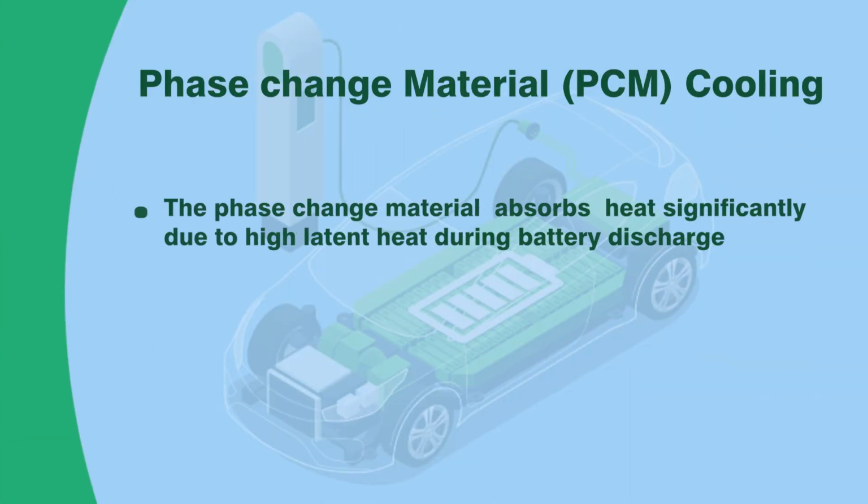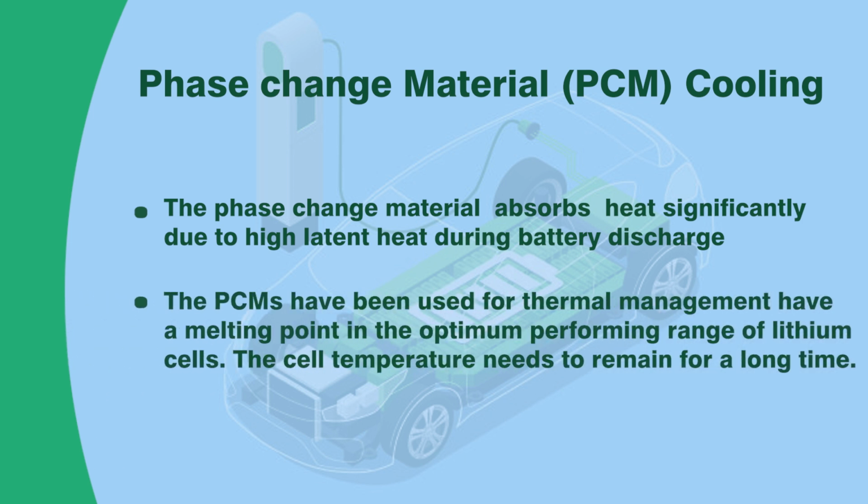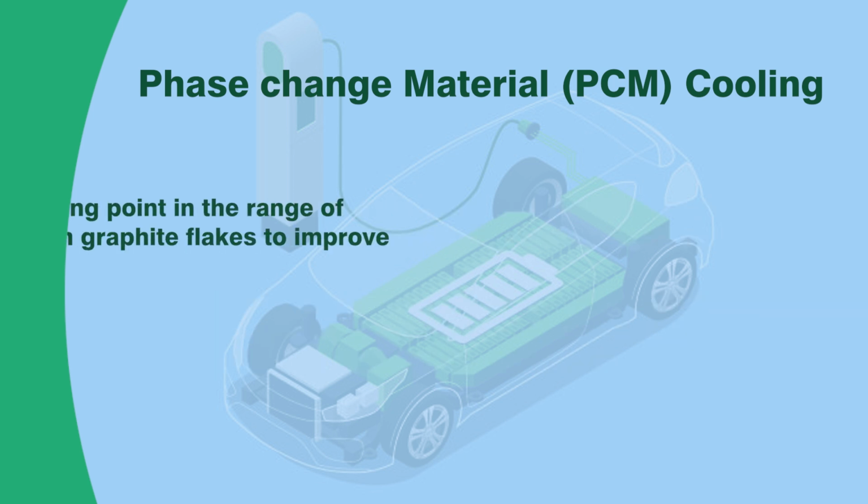The next one is the phase change material, where we use a certain kind of material which absorbs heat significantly due to high latent heat during battery discharge. These phase change materials are used for thermal management, having a melting point in the optimum performing range of lithium cells. The cell temperature needs to remain there for a very long time.